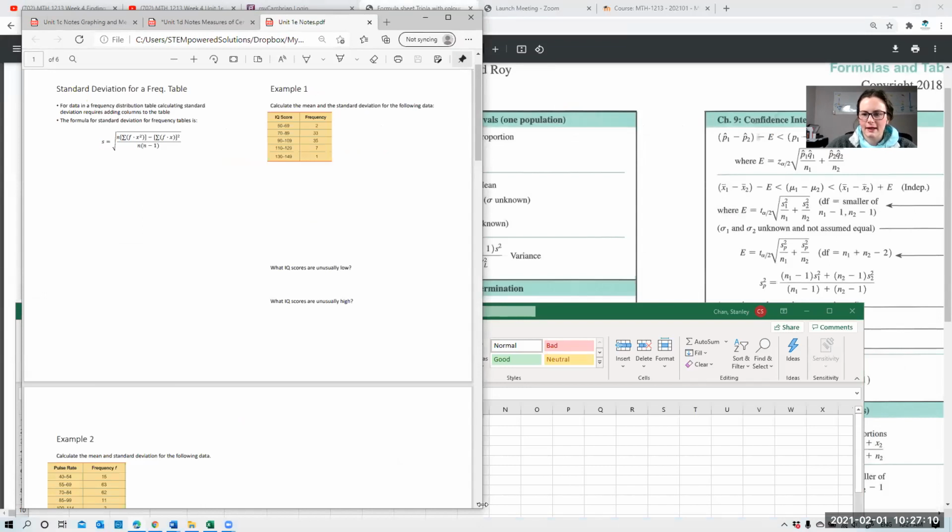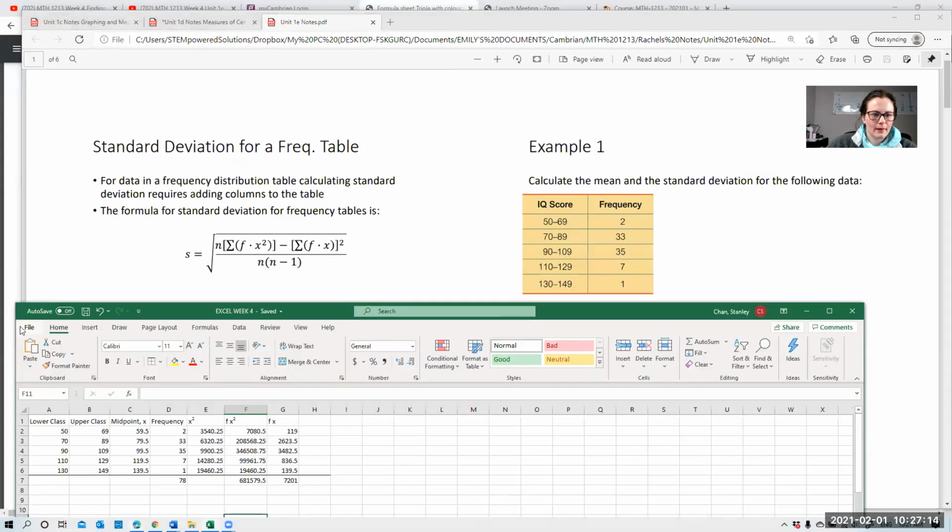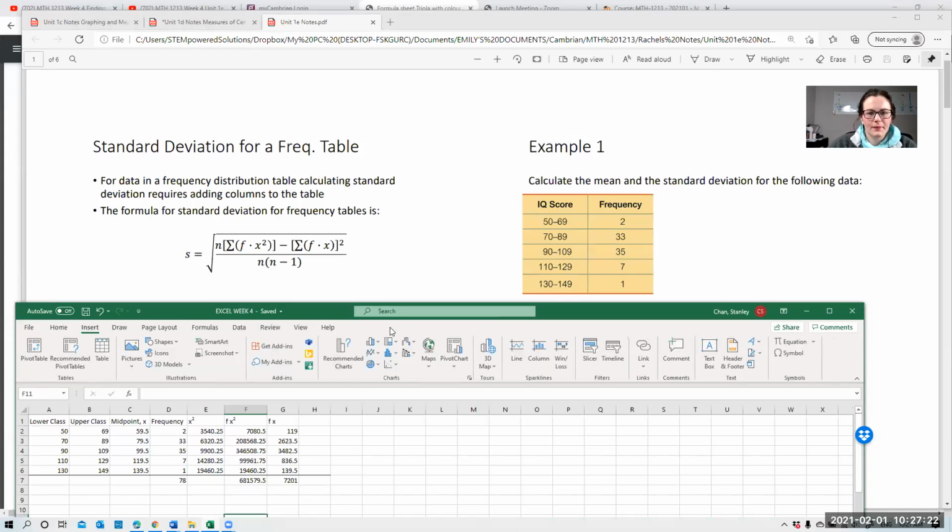So give me 1 second here. Do you see, yeah, you probably see my screen here. Okay, so what I'm going to do is actually write this down.